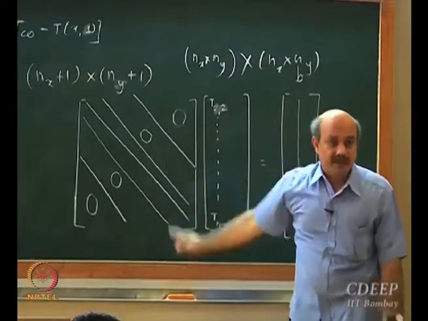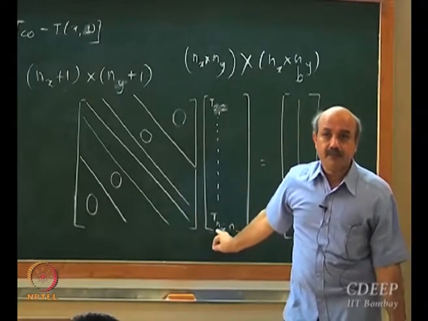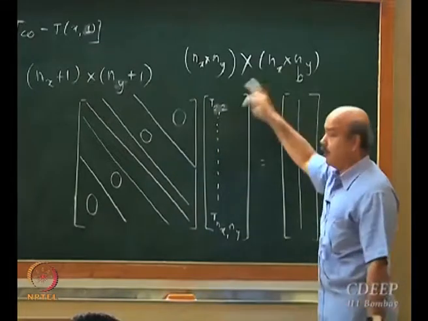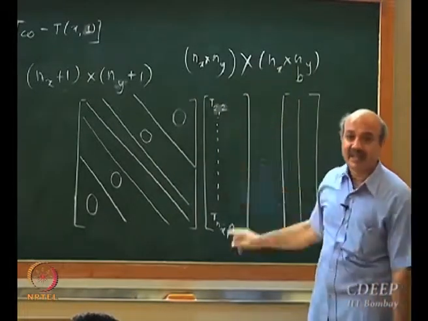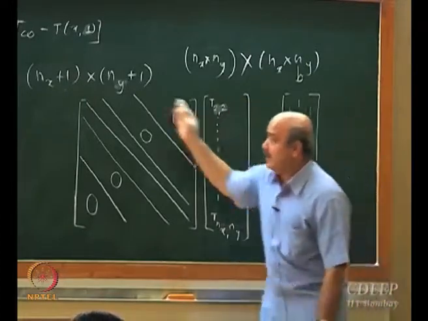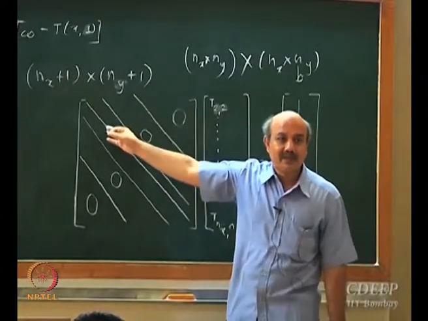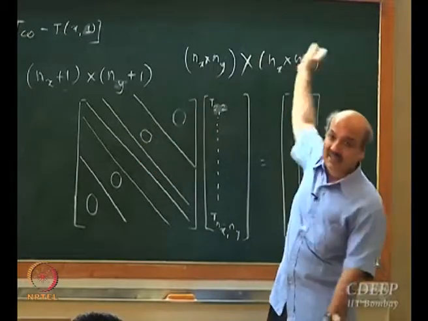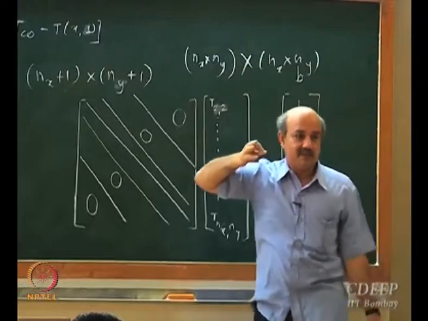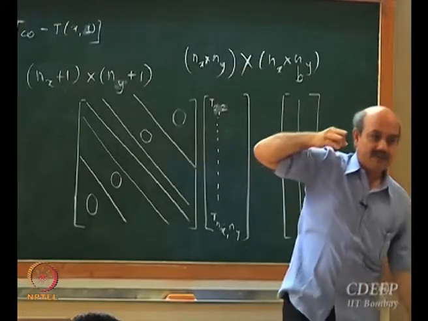This will be a huge matrix, just remember. Total number of variables are these. If you eliminate boundary conditions, you will get nx cross ny variables in this vector, and this matrix is nx cross ny by nx cross ny. So if you take 100 grid points, just imagine what is the size of this matrix.